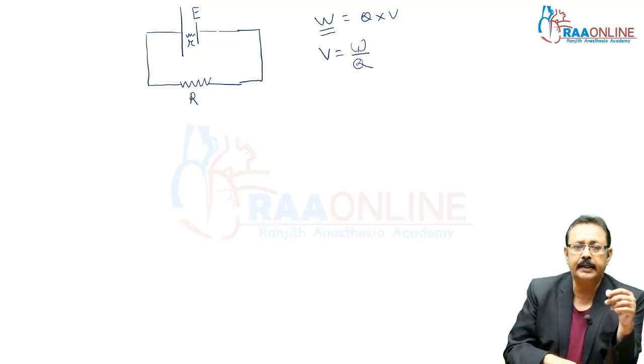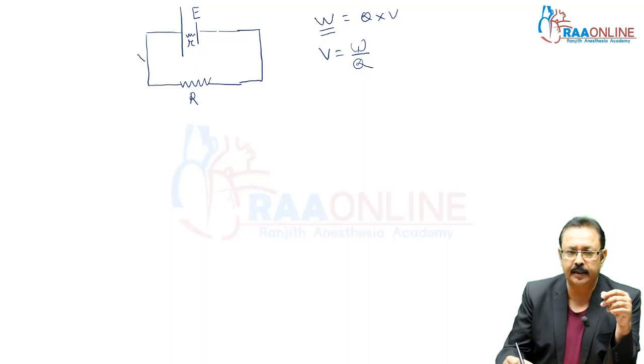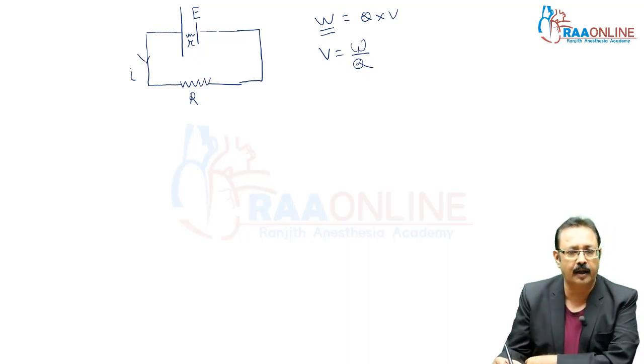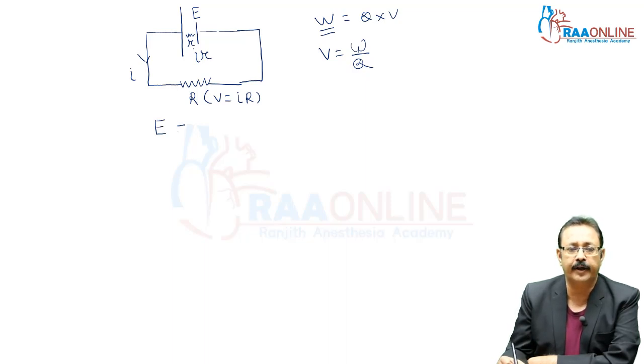Suppose a current I is flowing through this circuit. So the potential difference across R, V, is by Ohm's law I into R, and inside it the potential difference is I into r. It means the total potential difference between the plates is divided into two parts.